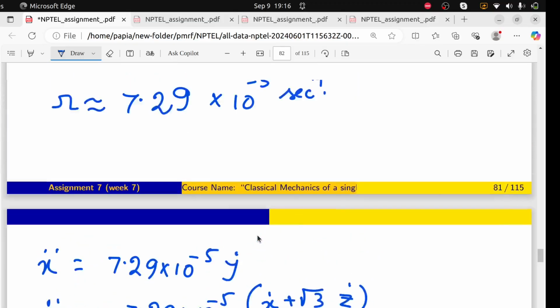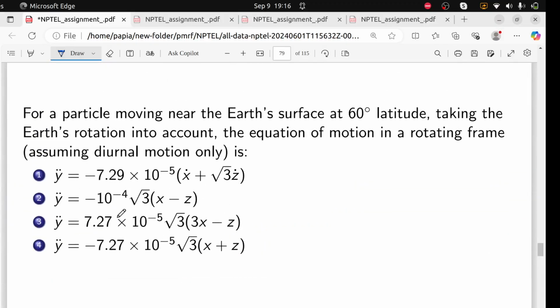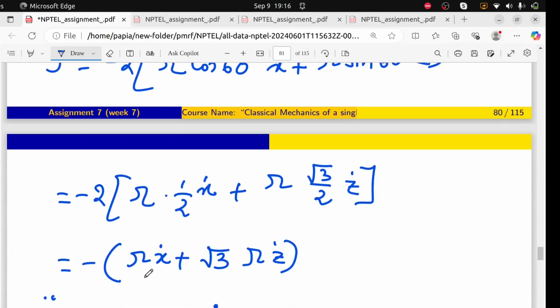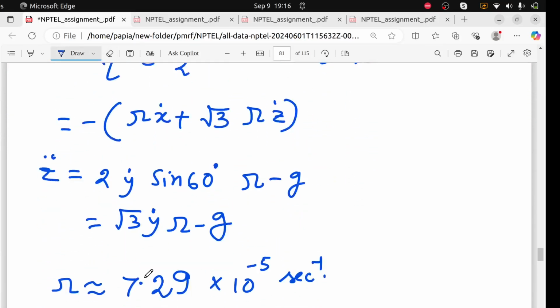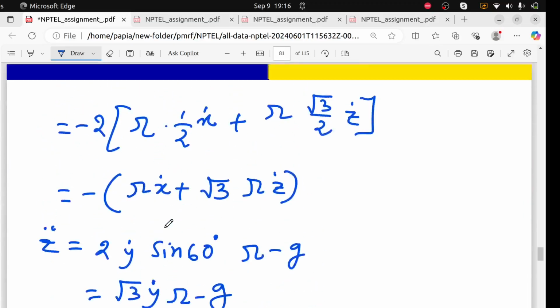Okay, now let me come to the question. They are asking about y double dot. So y double dot is already calculated here, and this is minus 7.29 into 10 to the minus 5 times x dot plus root 3 z dot.